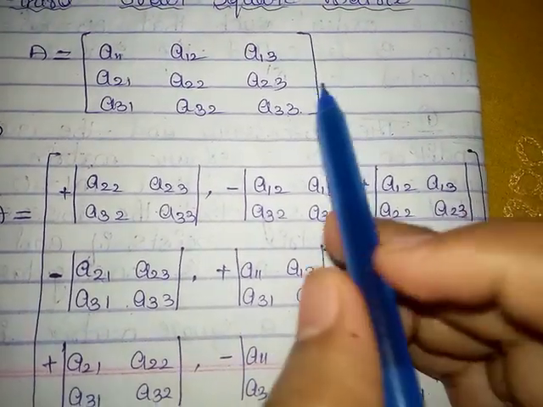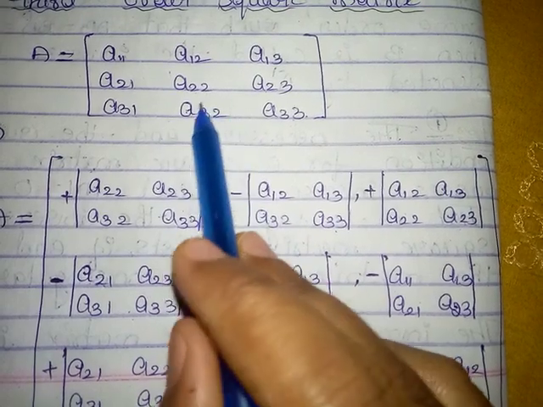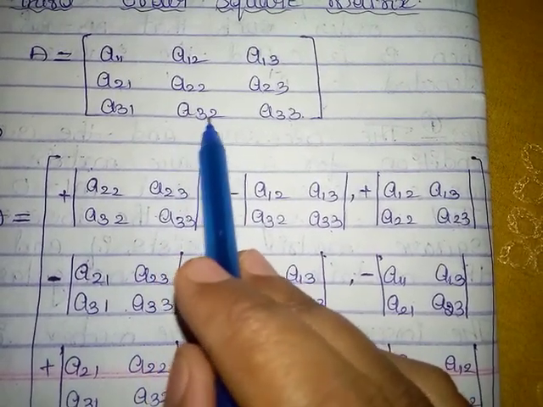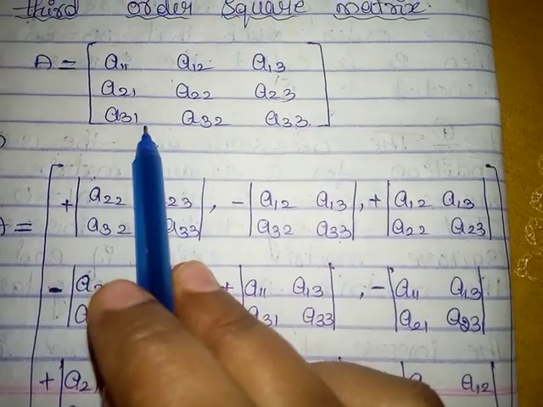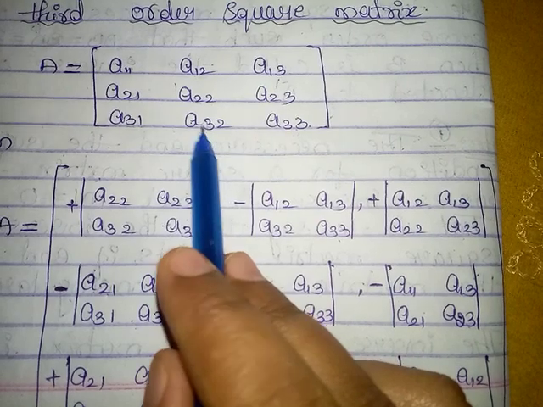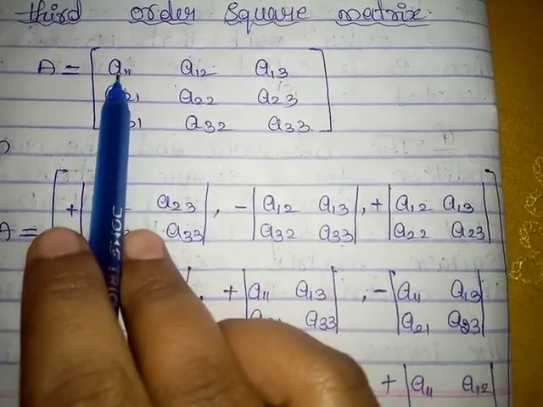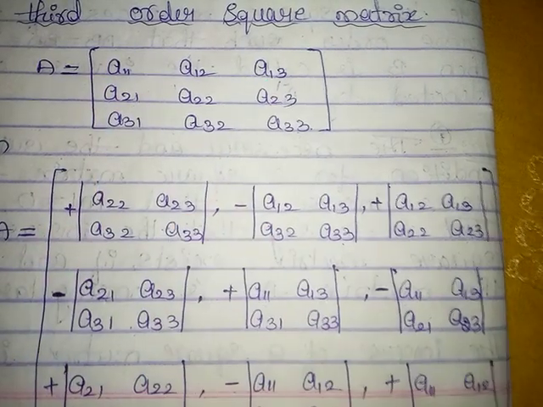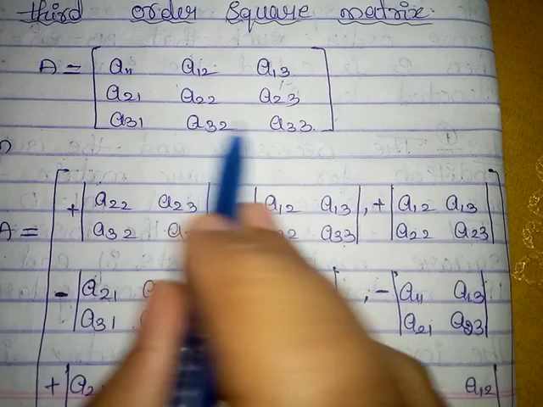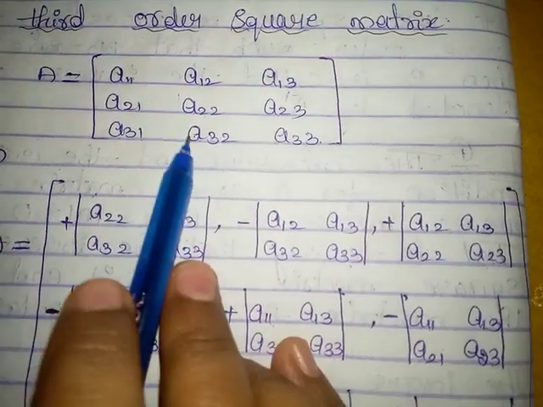Next is minus. For the next determinant, consider the A32 element, which lies in the third row and second column. We have to avoid this third row and second column. We will get the remaining elements A11, A13 and A31, A33, and A21, A23.